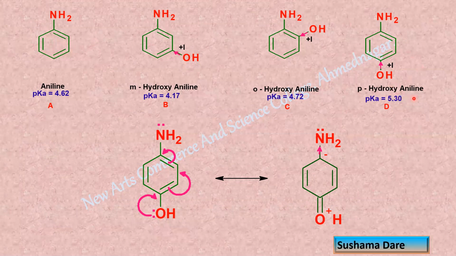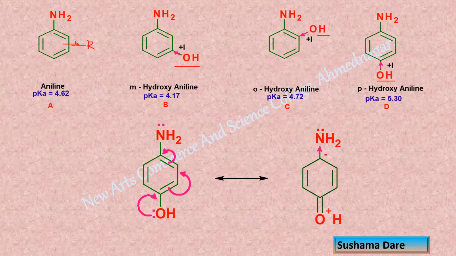But in case of para-hydroxyaniline, no doubt the phenyl ring is there, but now its role is changed to plus I. So phenyl ring shows a minus R effect, but as soon as you introduce the hydroxy group, the ring is no more showing electron withdrawing resonance effect, but instead the ring shows electron donating inductive effect.